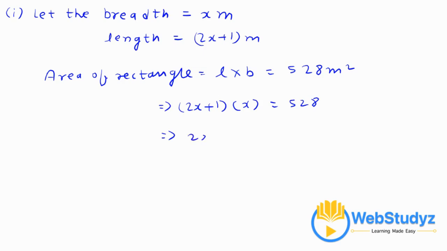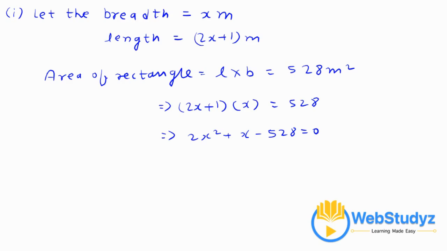Solving this, we get 2x square plus x minus 528 equals 0. This equation is coming from multiplication of length and breadth.